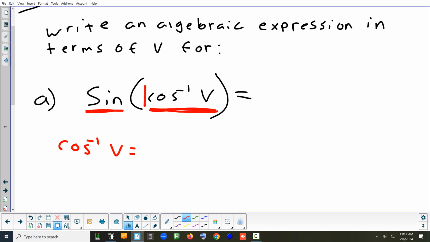So I know that when you type inverse cosine and you plug in something, you're going to get an angle inside that red box. I don't know what angle is going to be inside that red box. I'm just going to call it theta.